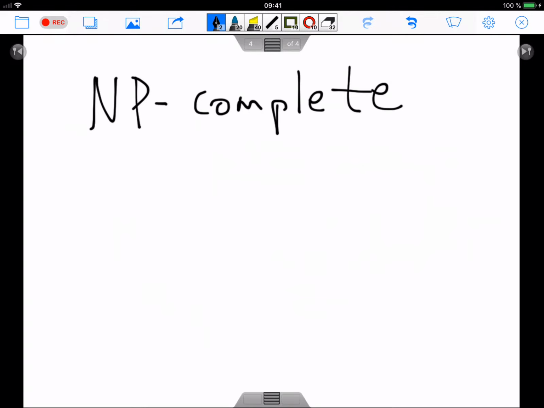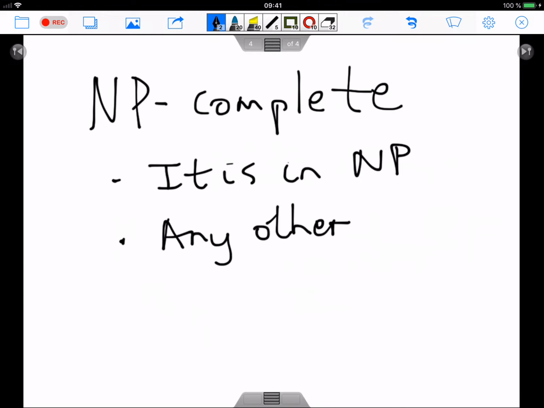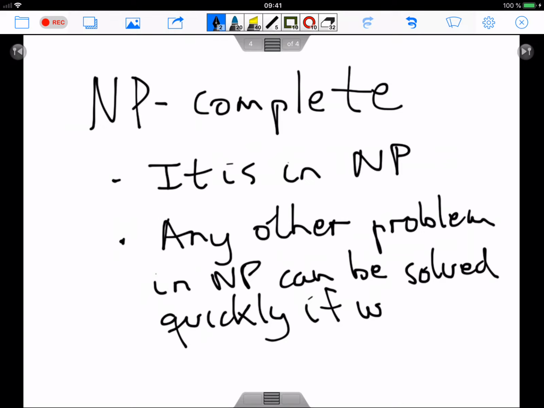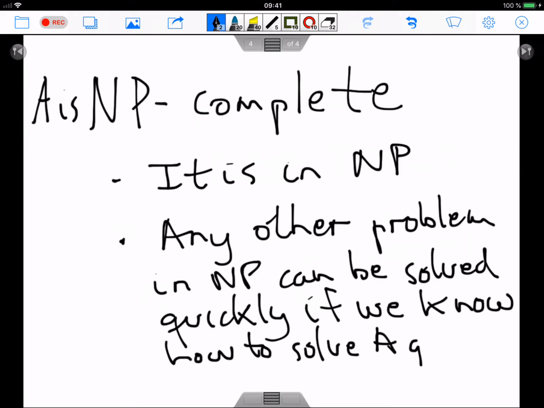So the idea is that a problem is NP complete if it is in NP, and any other problem in NP can be solved quickly if we know how to solve A, where A is NP complete, quickly.